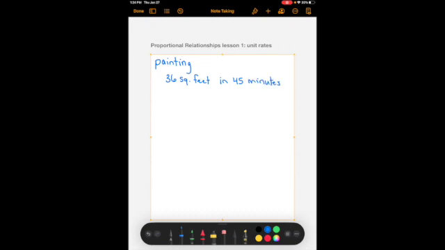So now the question that we need to answer is, how much will this person, or us if we're painting it, be able to paint in 1 hour? And 1 hour is going to be the unit rate. So how much will we be able to paint in 1 hour?